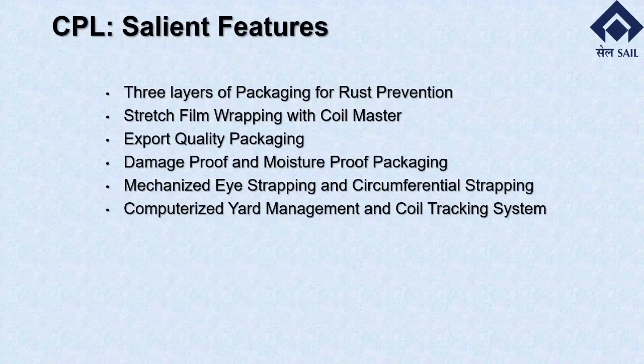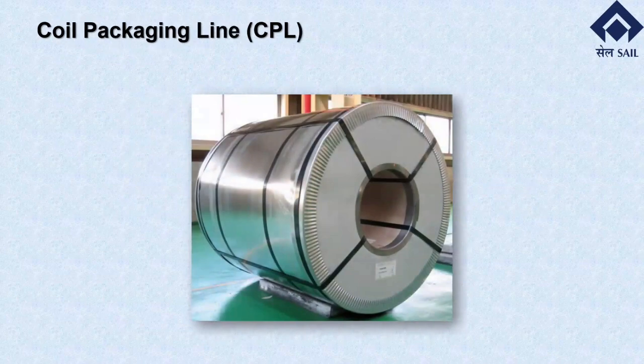Then we have stretch film wrapping with Coil Master. Also, we give protection to the eye with the help of eye strapping. This is the photo of a packaged coil.